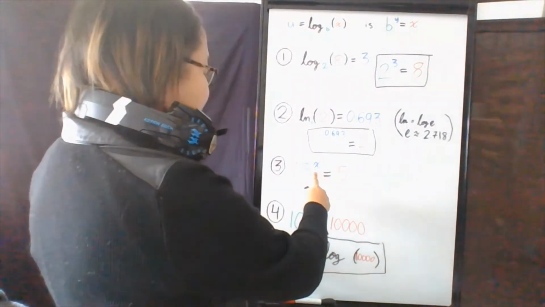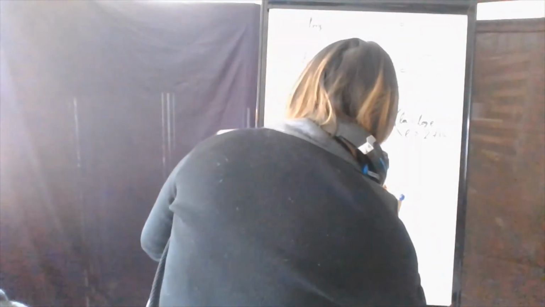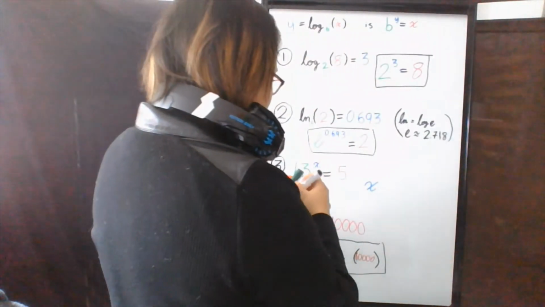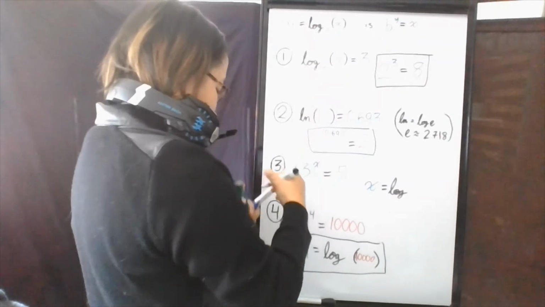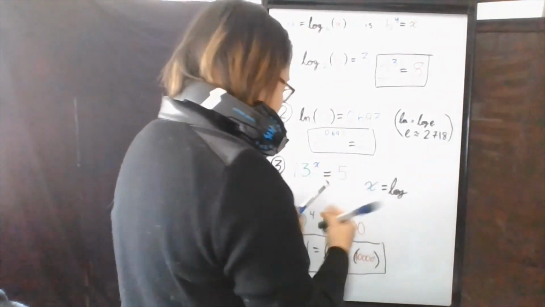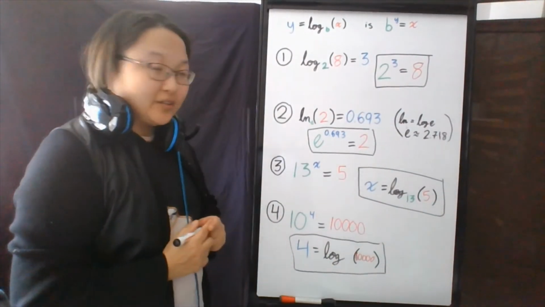So to turn this into a logarithm formula, you would put the x out front, equals log base 13 of 5. It's also how you would solve for x in a problem that looks like that.